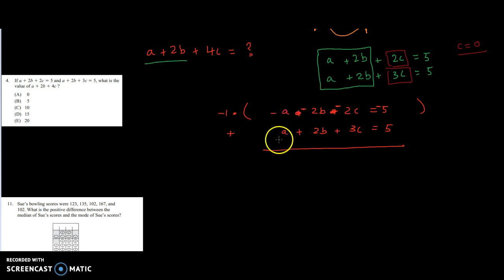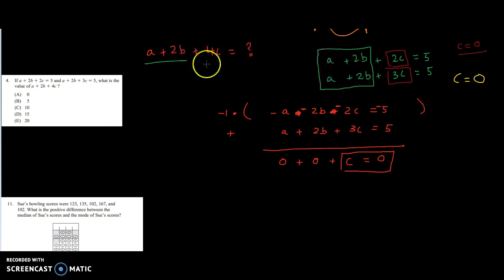Negative a plus a is just 0. -2b plus 2b is also 0. Negative 2c plus 3c is positive 1c, or just c, is equal to -5 plus 5, which is 0. So what we figured out was that c is, in fact, equal to 0.